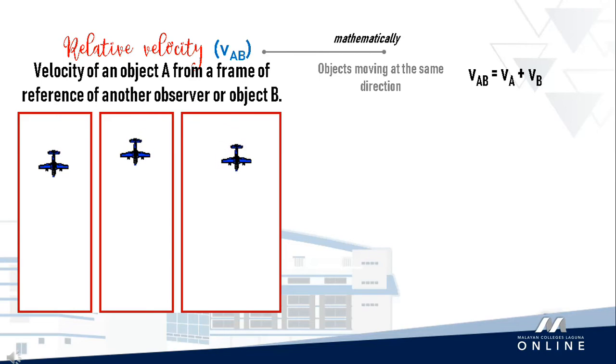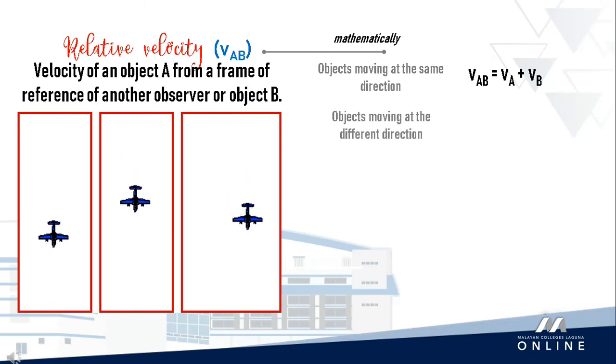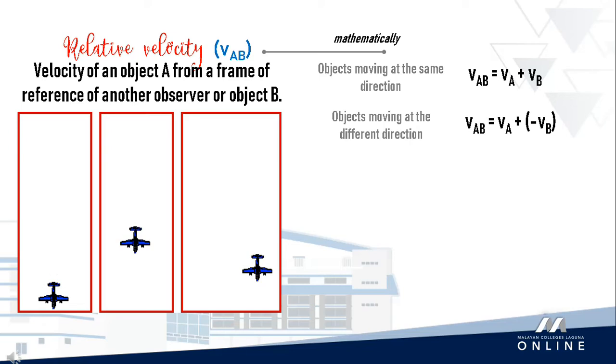This means that the resultant velocity is a summation of all vectors under consideration. Therefore, an object moving in an opposite direction has a negative sign, which we can express as V sub AB is equal to V sub A plus negative V sub B.